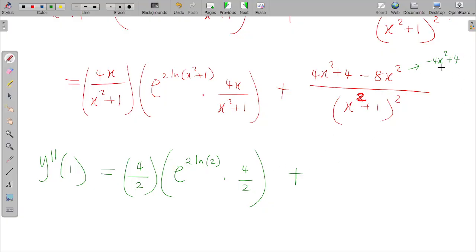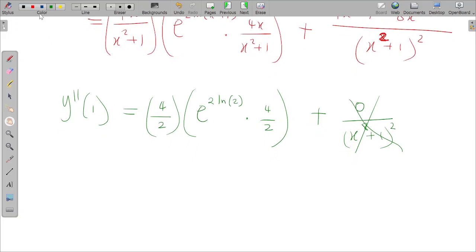So if you put 1 there, this will be 4 minus 4 plus 4 minus 8, which will be 0. So it will be 0 over (x squared plus 1) squared, which will be 0.